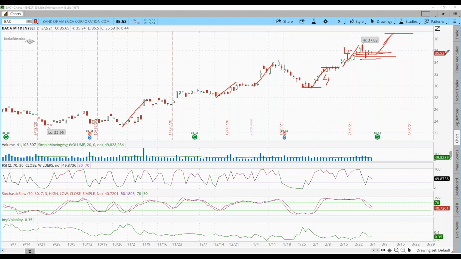So if I have a target at 39 from 35.5, that's a $3.5 move to the upside.